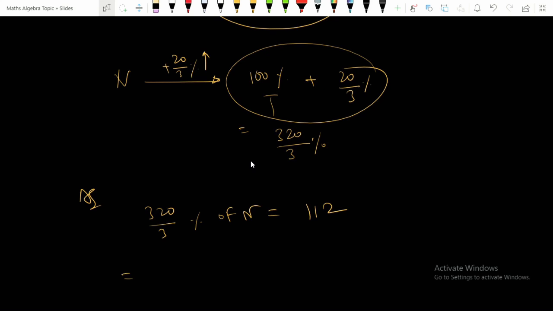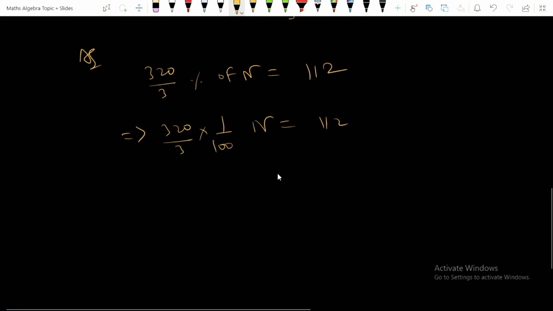Now we have to divide it. 320 by 3 percentage means 1 by 100 of n equals 112. We can solve it like this also.